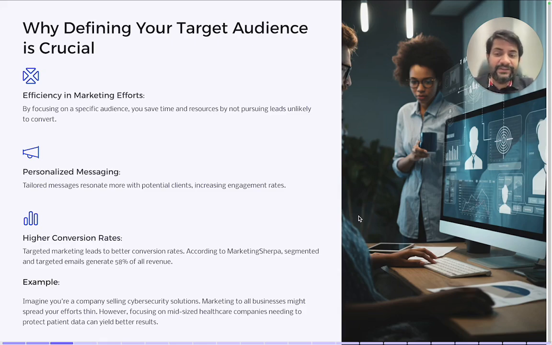For example, imagine you are a company selling cybersecurity solutions, or an employee who is a cybersecurity expert. Marketing to all businesses might spread your efforts thin. Focusing on mid-sized healthcare companies needing to protect patients' data can yield better results.